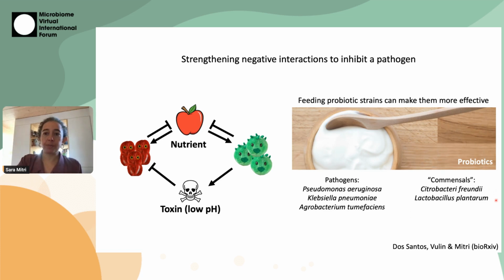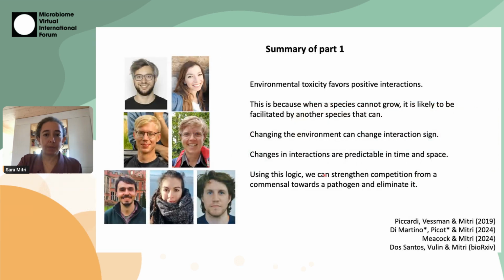Okay, so I'll just summarize this part. So essentially what I've shown you, so the work of all of these people, is that environmental toxicity favors positive interactions. So this was this idea of the stress gradient hypothesis. And the reason why this works is because when a species cannot grow, it's likely to be facilitated by another species that can grow. And then if you change the environment, you can change the interaction sign.